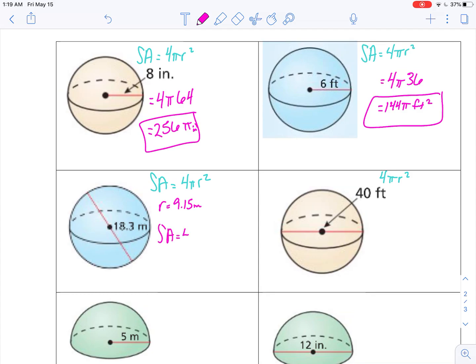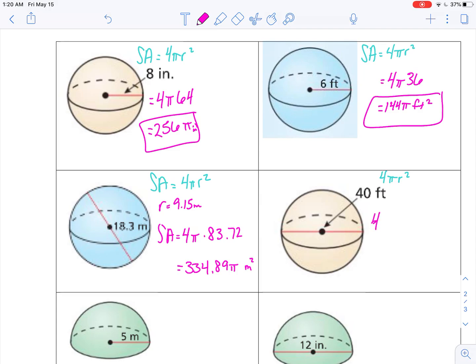So the surface area would be 4 times pi times 83.72, which would be 334.89 pi cubic meters. No, I'm sorry, square meters. This is surface area. Area is square meters.